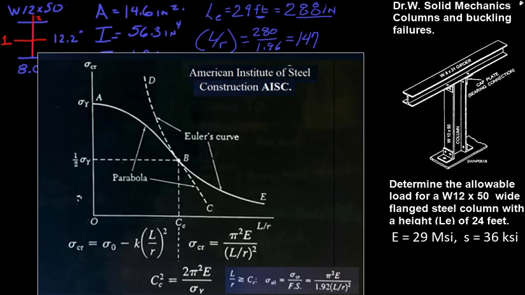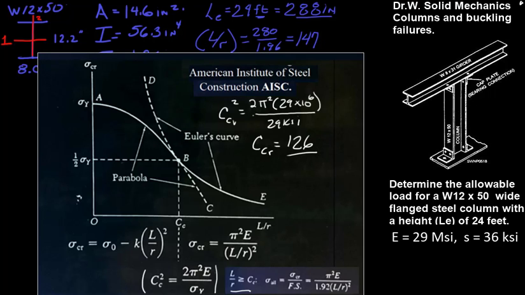If we look at the AISC guidelines for steel construction, we see that we should calculate the C critical value, and we need to compare it to our L on R ratio. So C critical squared is 2 pi squared E, in this case 29 times 10 to the 6, divided by the yield stress of 29 KSI, which gives us a C critical of 126, and we have an L on R ratio of 147.